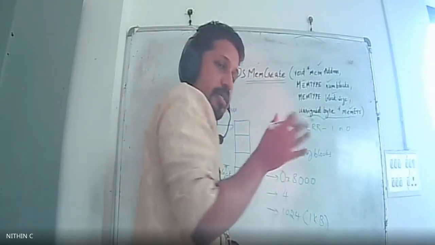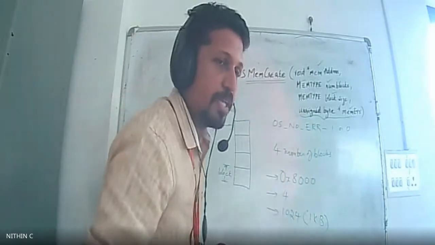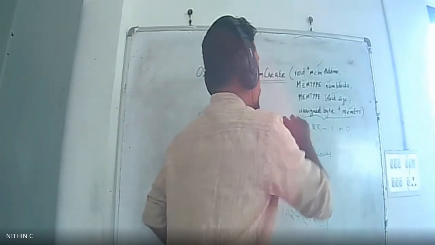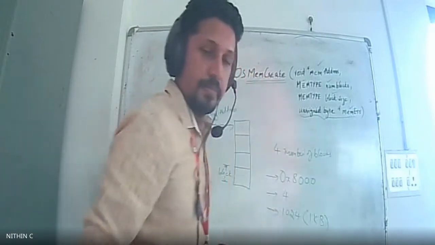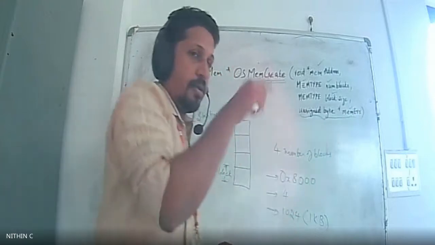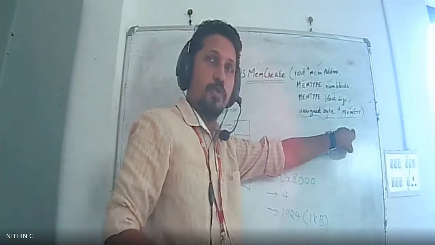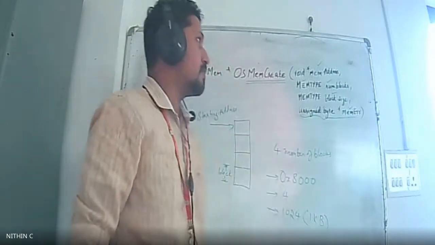You need some space for storing the error codes, and that we define here. The unsigned byte memory error, the address of those error codes, is mentioned as the last or fourth parameter.